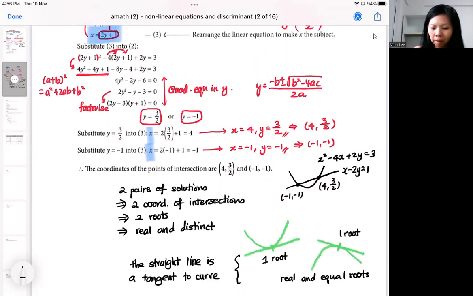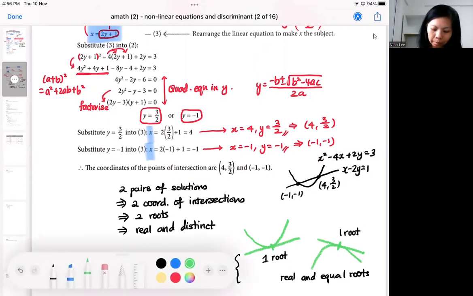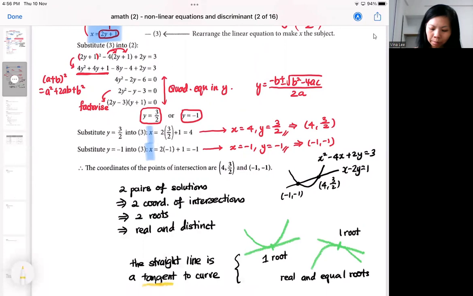The idea of a tangent is it just brushes against the graph. It looks something like this. So the straight line just brushes past the curve at one point. So that's called a tangent.